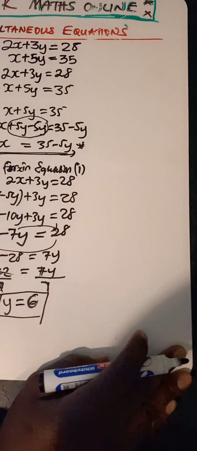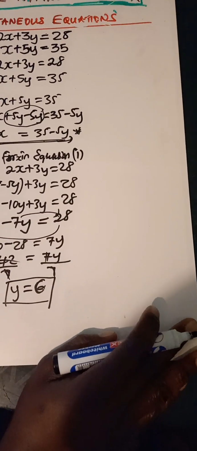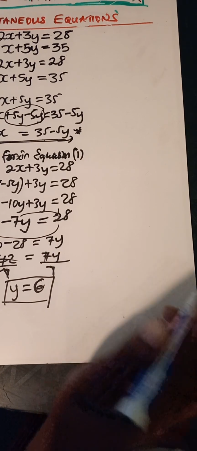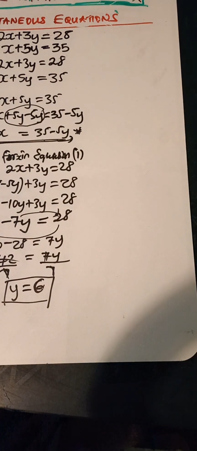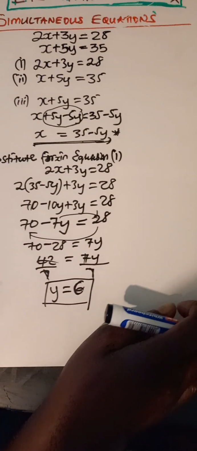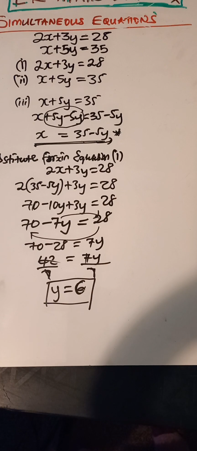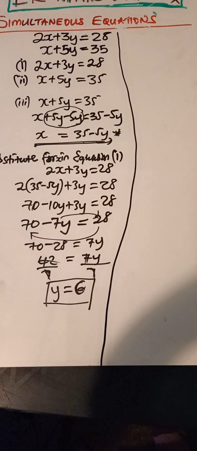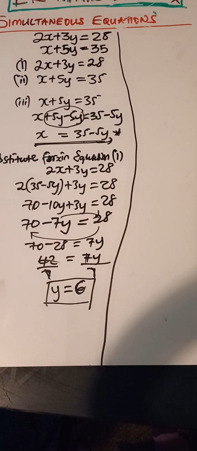So now we've found the value of y, and we've found a provisional value of x. In this case, what we're going to do now is to try and find the original value of x, not as an expression, but in a simple way.